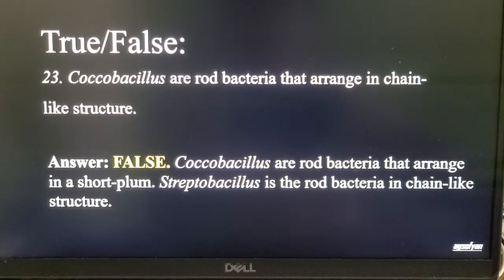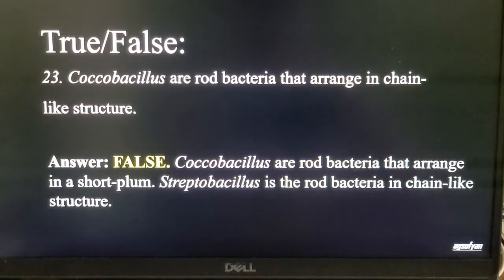And there is arrangement. Like for example, if it is chain-like structure, then it is called strepto. So streptobacillus or streptococcus means that there are many bacteria. If it is streptococcus, round bacteria combine together to make long chains.